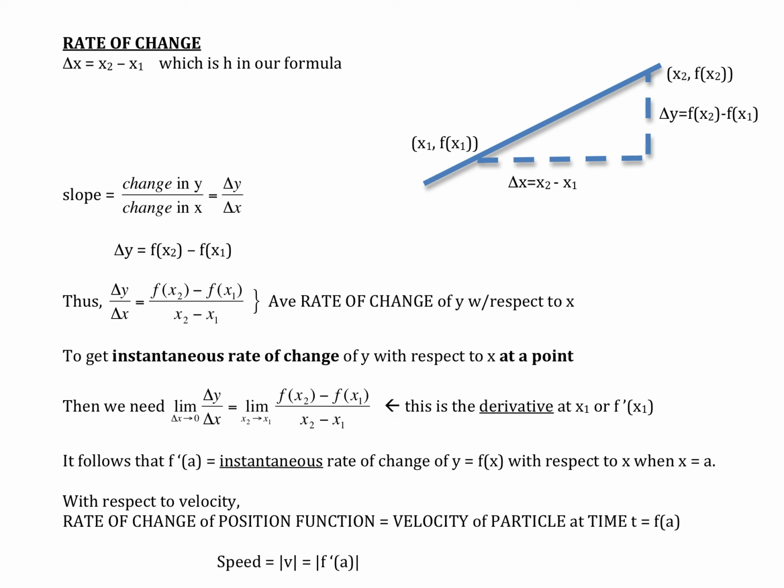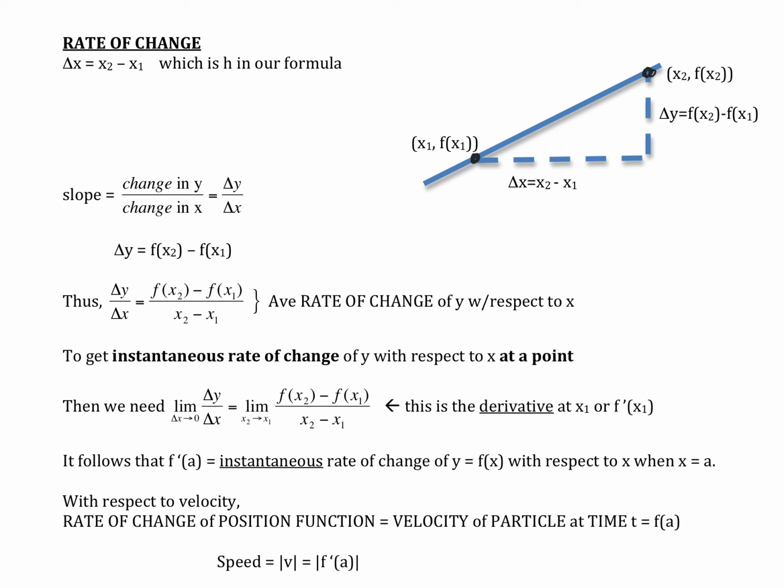So with respect to rate of change, let's talk about all of this. Now, the rate of change is delta x, which is x2 minus x1. So right here, x2 minus x1, that's delta x. If I call this point right here x1, f of x1, and that point right there, x2, f of x2.